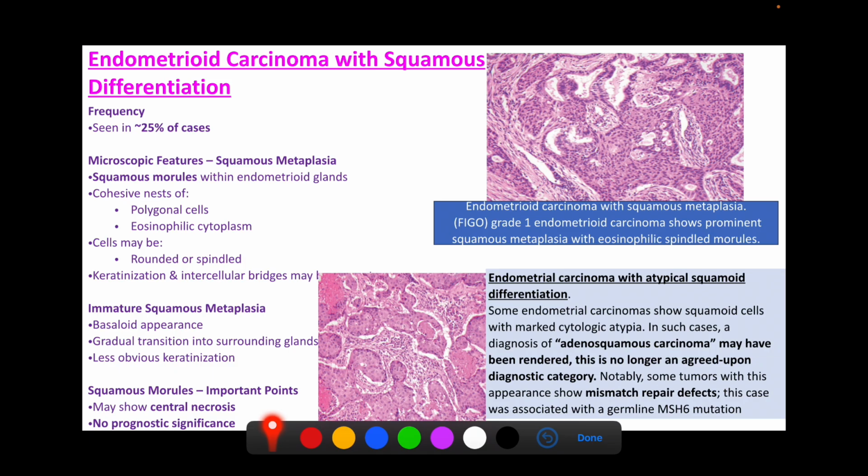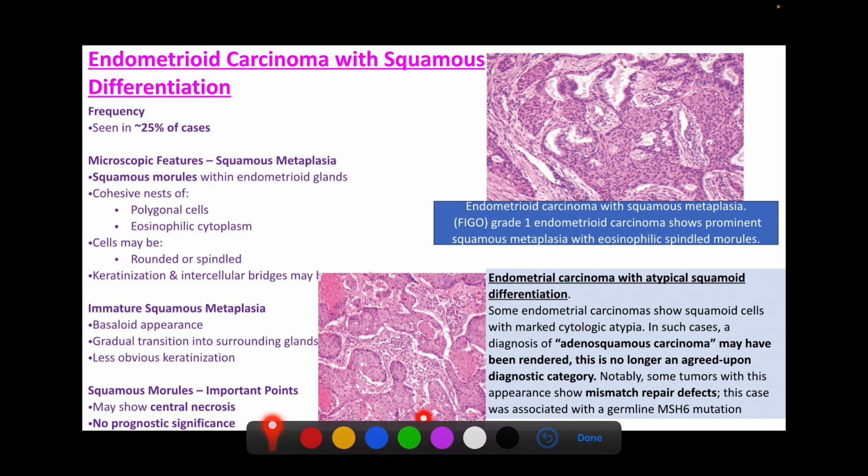This is the section showing endometrioid carcinoma with atypical squamous differentiation. So here the squamoid cells also have marked cytological atypia.